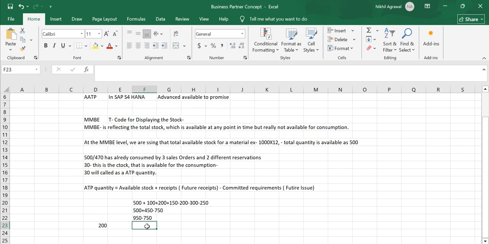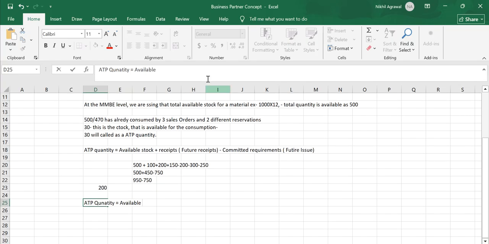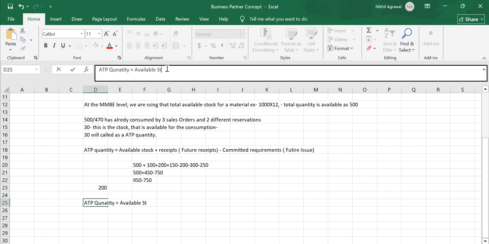Now, moving on to the next step to give you a bit more understanding. ATP quantity will be available stock plus receipts.